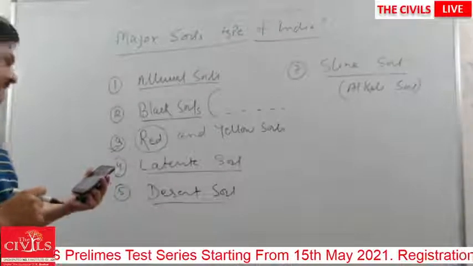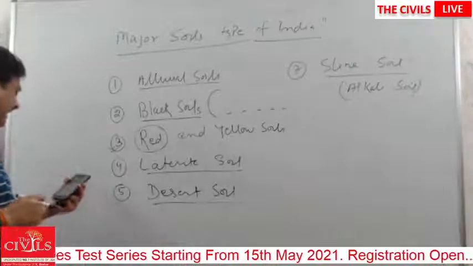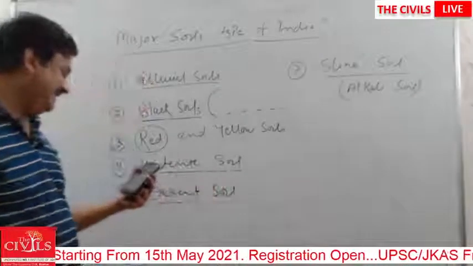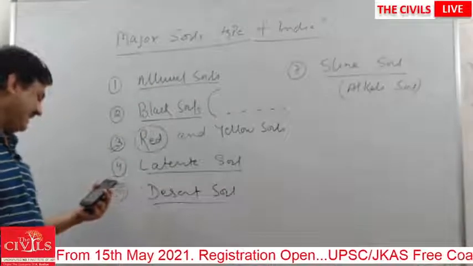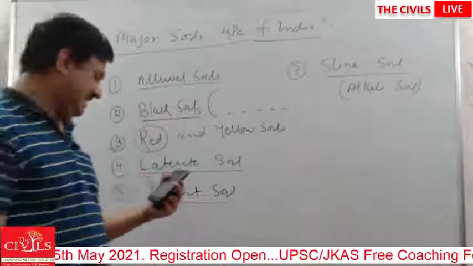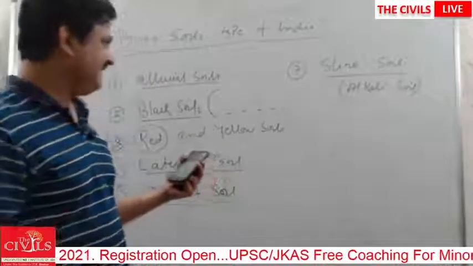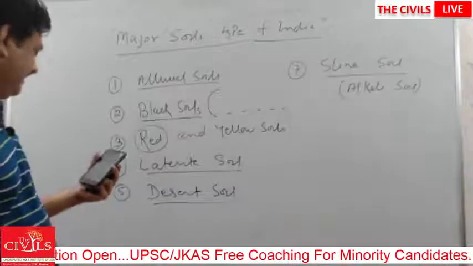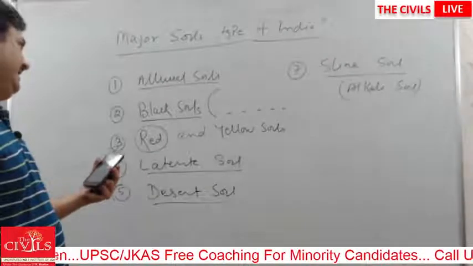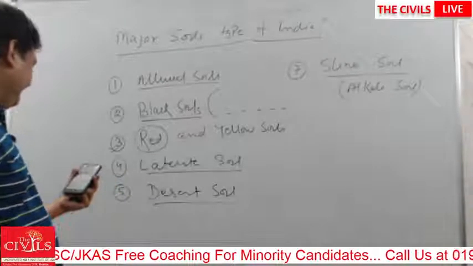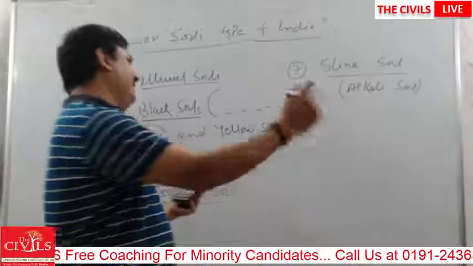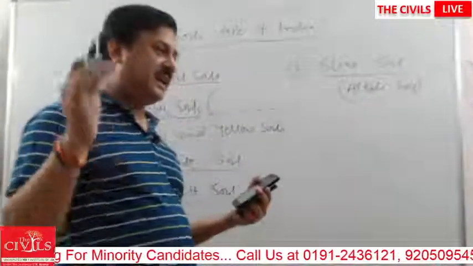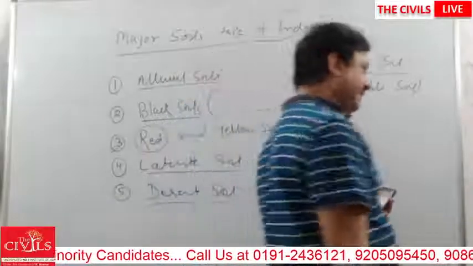I want answer. Zonal, azonal or intrazonal? Tell me. Very good. Intrazonal. Okay. Regina or terrarossa, halocline soil.